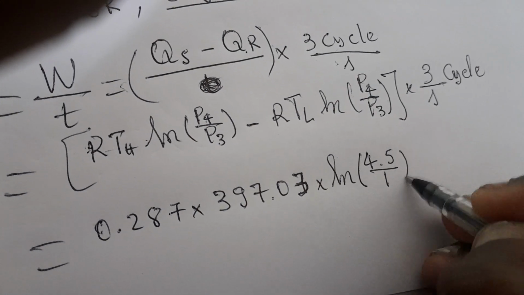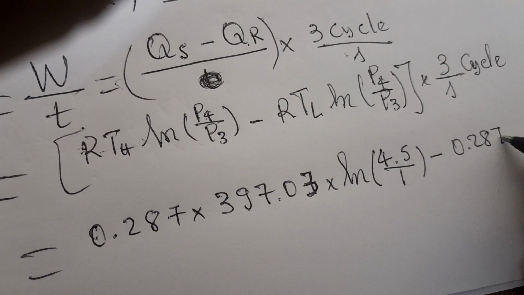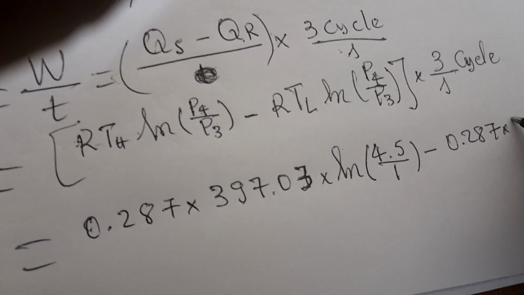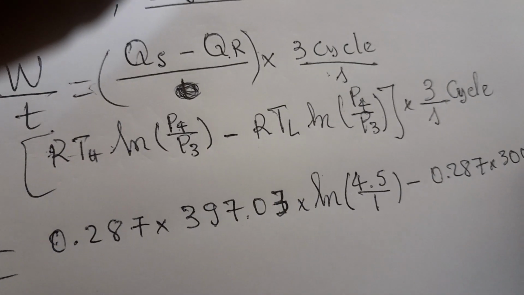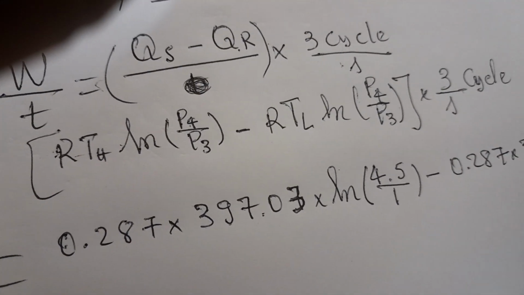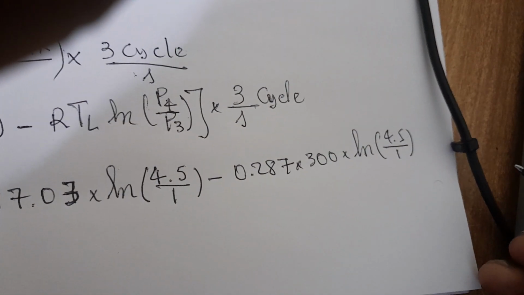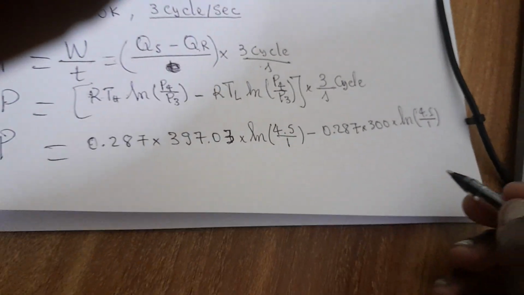So 4.5 divided by 1, minus 0.287 times 300 times ln of the same, 4.5 upon 1.